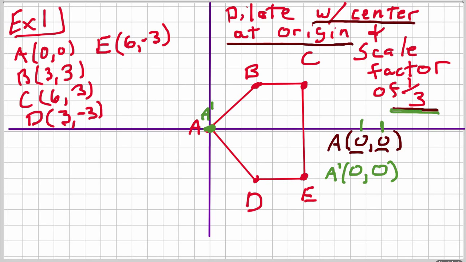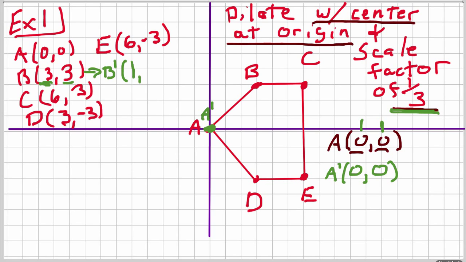With the scale factor, guys, all you got to do is multiply your scale factor by each coordinate, the X and Y separately. All right, let's look at B. If I look at B, my X and my Y are both 3. Okay? So if I take this x-coordinate from point B and I times that by 1/3, 3 times 1/3 is 1.